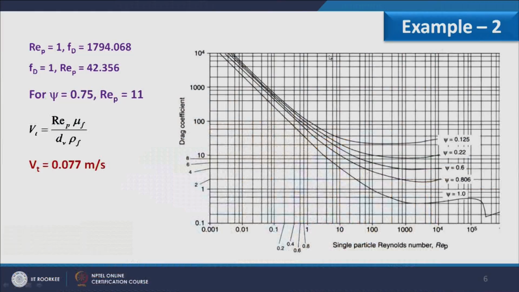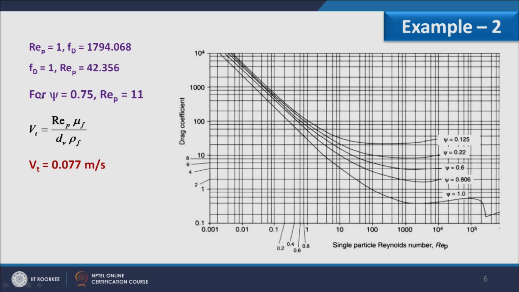So, you see here we have the value of Reynolds number and Fd. Corresponding to Reynolds number 1, Fd is coming as 1794.068, and for Fd equal to 1, the corresponding Reynolds number is 42.356. So, using these values we will calculate the Reynolds number. How will we calculate this?